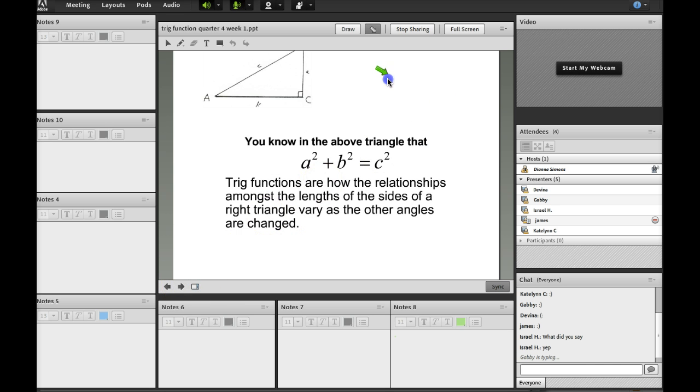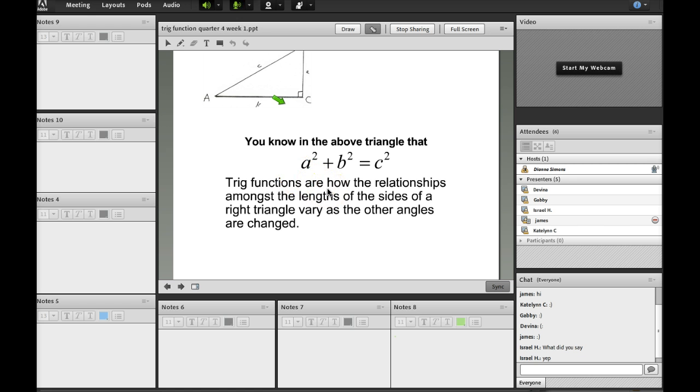So here's my triangle. It's kind of off the screen here. The big letters represent the angles, and the smaller letters represent the length of the sides. This is angle A right here. This is angle C right here. And up here is angle B, and you can't see it because it's off the side. In the above triangle, we have A squared plus B squared, these are the legs, equal to C squared.